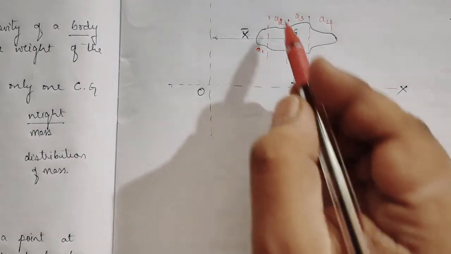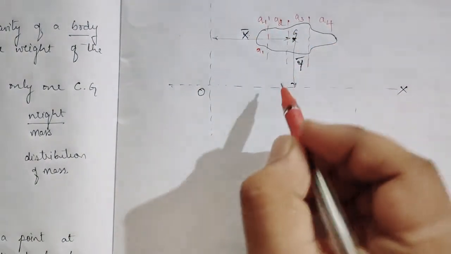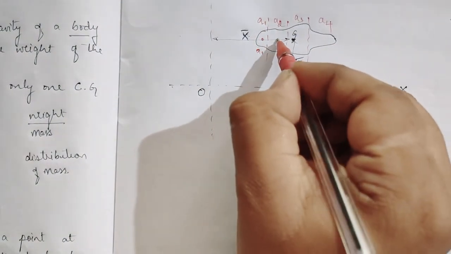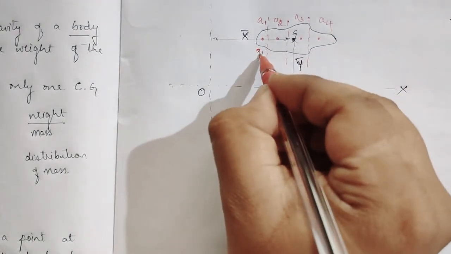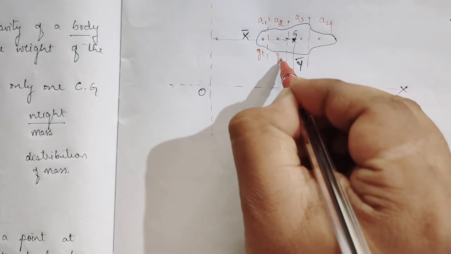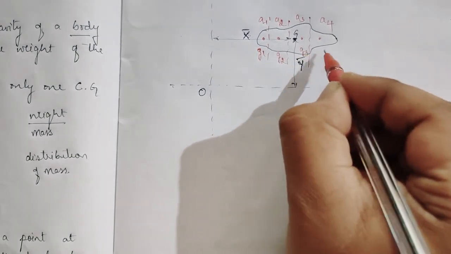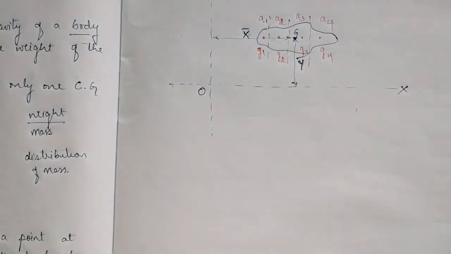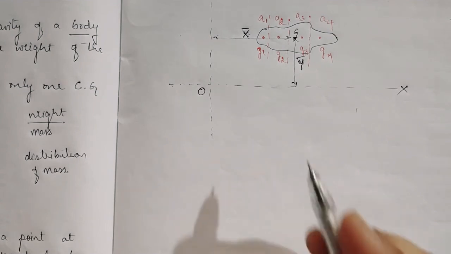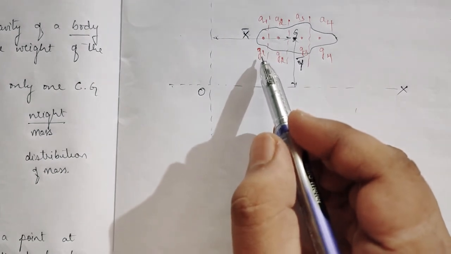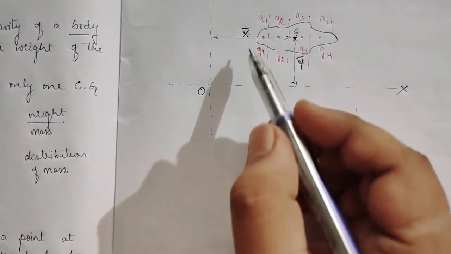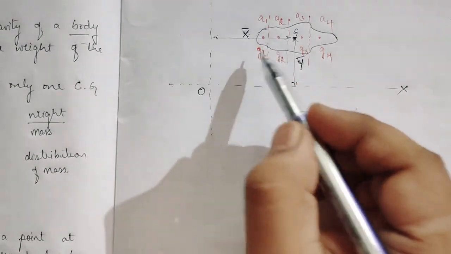Due to the 4 areas, we will have 4 tiny centers of gravity or centroids, that is G1, G2, G3 and G4. As we have the tiny areas and tiny centroids, we have to find the distances of x and y with respect to the small areas.